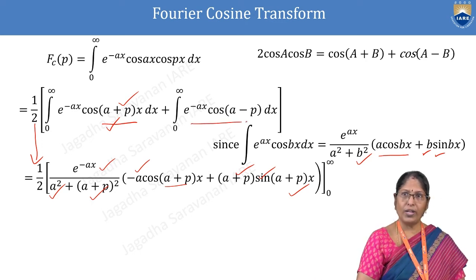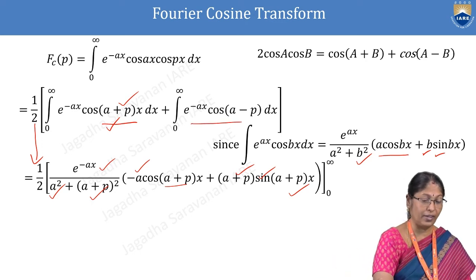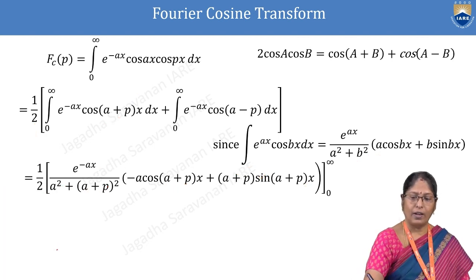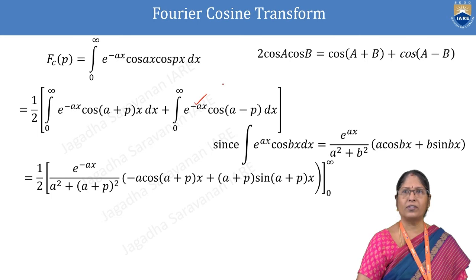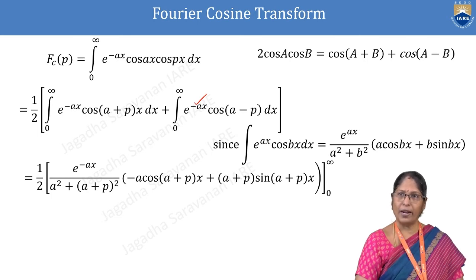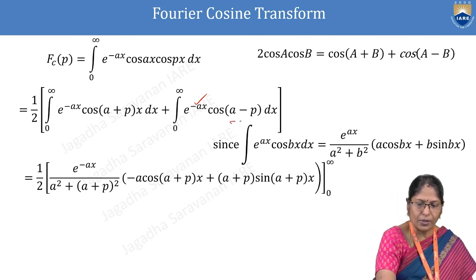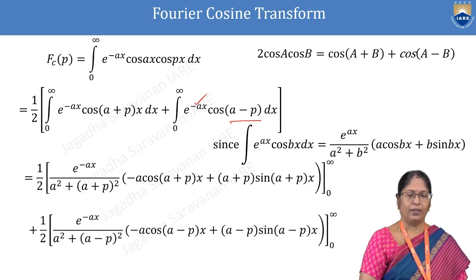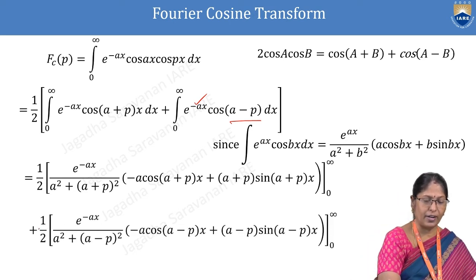So when we are noticing the second integral, in the problem a is replaced by minus a, b is replaced by a minus p. Yeah, we can see it, the second integral.